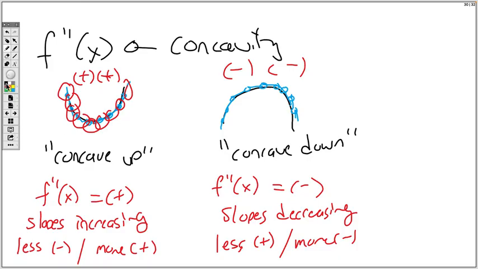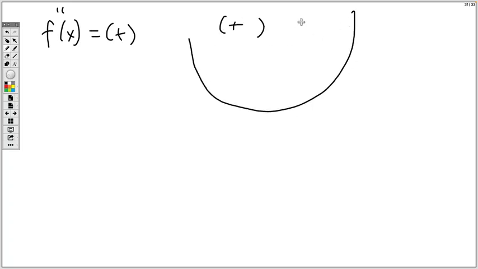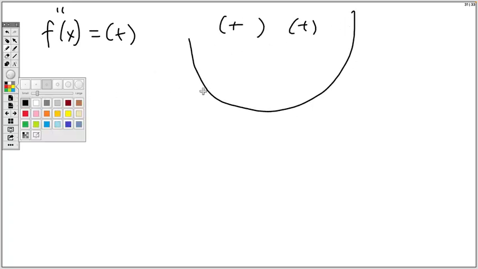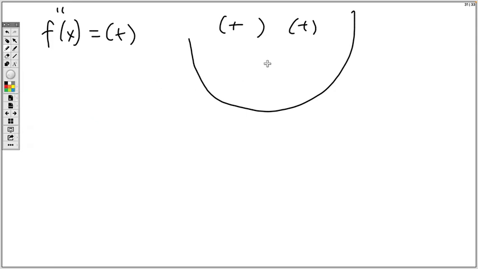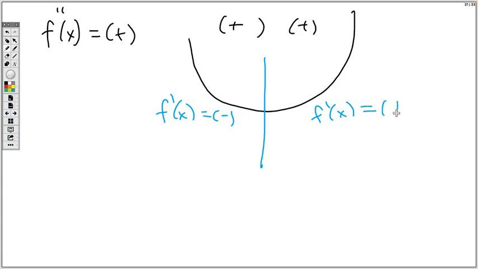All right. So if you look within each of these parabolas, you've got increasing and decreasing. So if I look at, for example, the concave up scenario, right? So there's your concave up. Think happy face. You got on the left side here, the derivative is negative, and on the right side the derivative is positive.